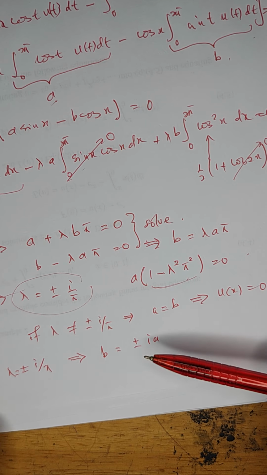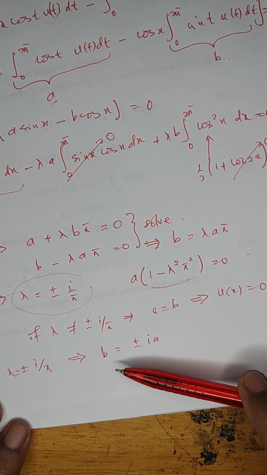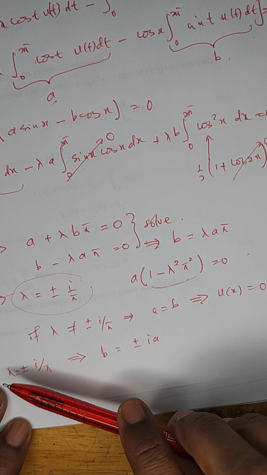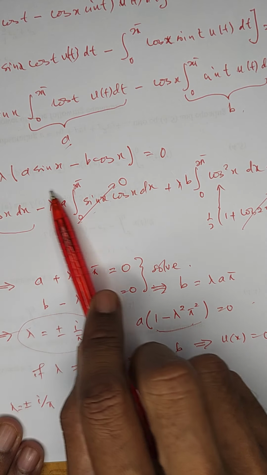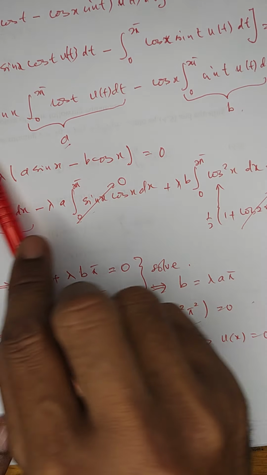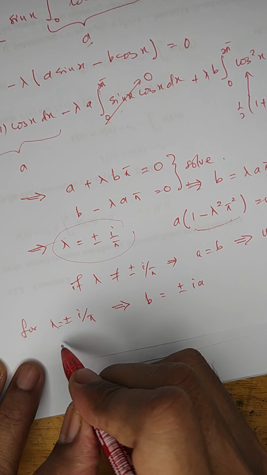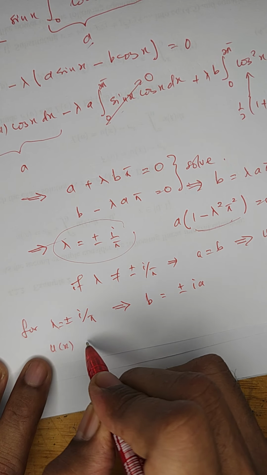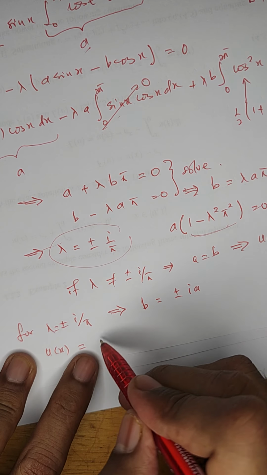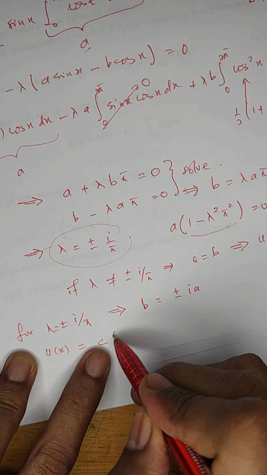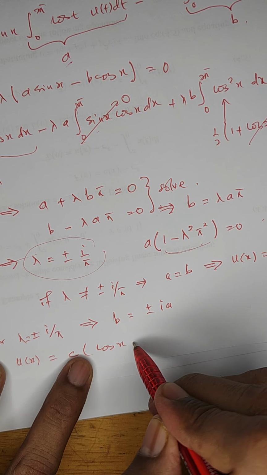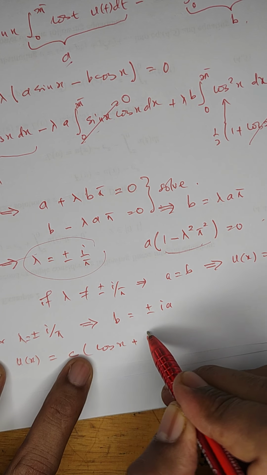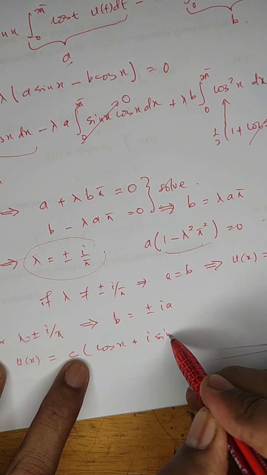From there, if you substitute the value of B and lambda into the solution here, basically we have u(x). You can write this u(x) in terms of some constant times cos x plus i sin x.